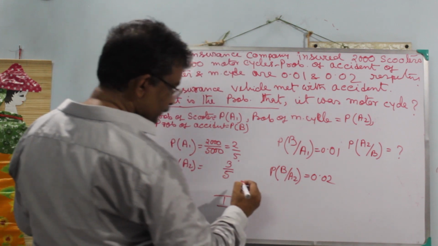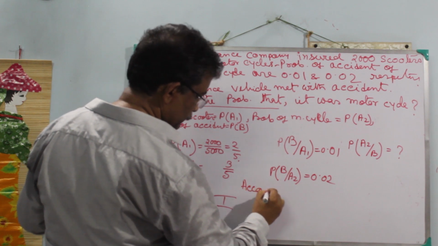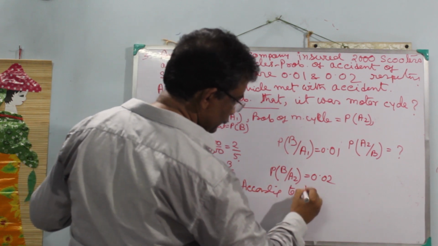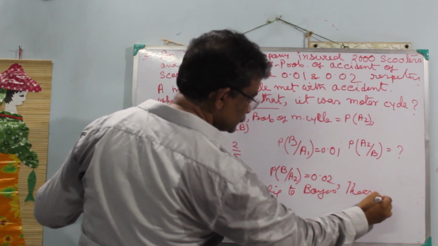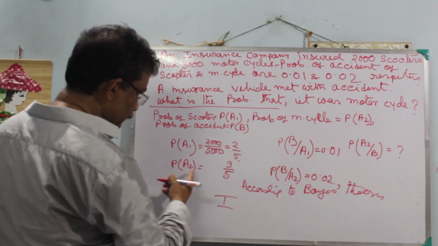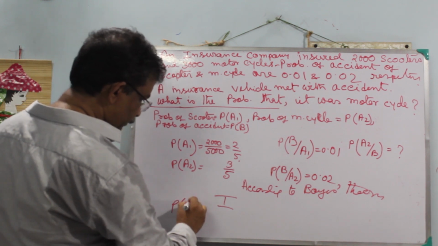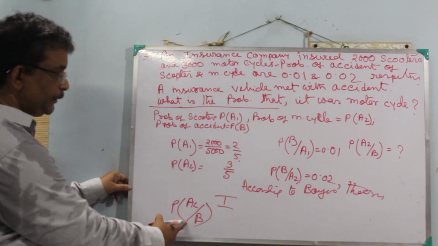So according to the Bayes theorem, what is asked? Probability that it is a motorcycle, probability of A2 when accident occurred, when B occurred.